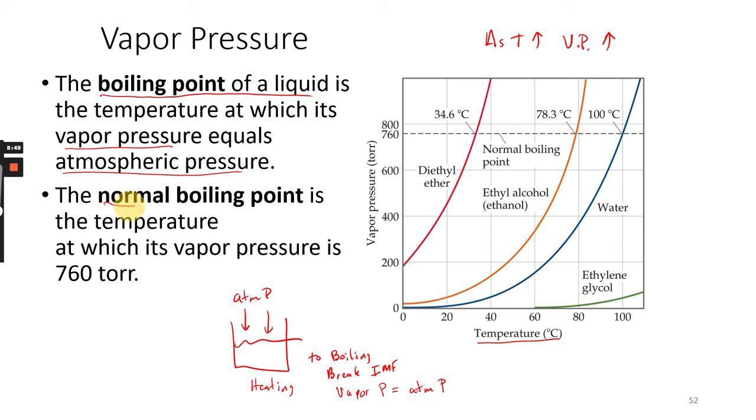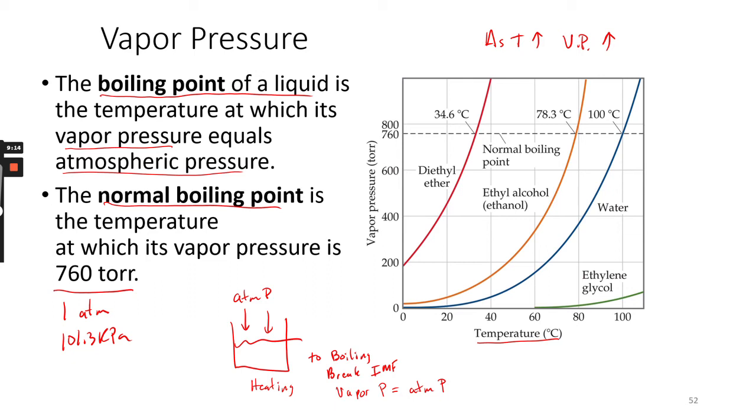Then there's something called normal boiling. Normal boiling is the temperature at which a substance boils under normal pressure, which is 760 torr or 1 atmosphere or 101.3 kPa. So you'd go up here and here's your normal pressure. You read it across, see where it hits that line, and that tells you your normal boiling point.